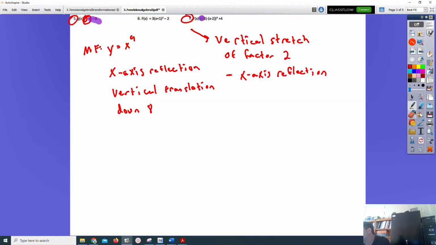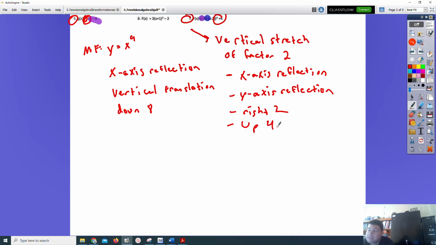Now what else do we have? Inside, there's another negative symbol. You see that guy? So there is also a y-axis reflection. Now I see -2 on the inside. That's not left 2. I am right 2. And I see a +4 at the end. I'm also up 4.